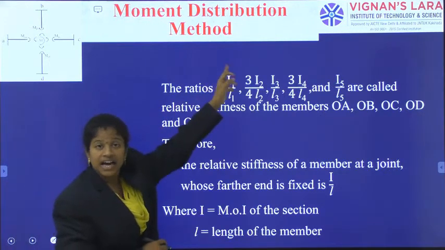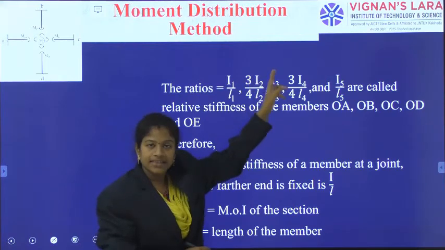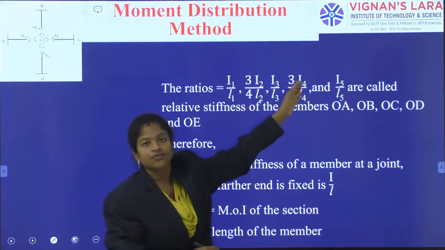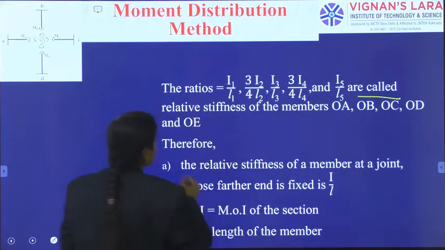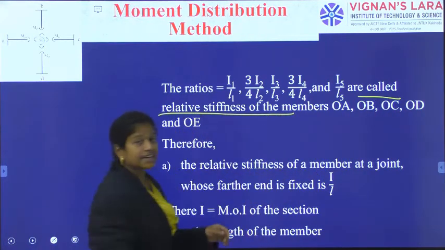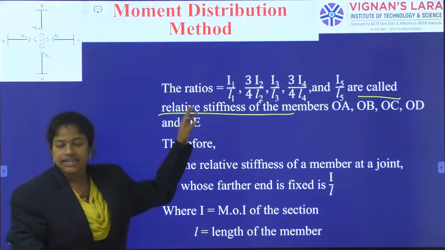Now the ratios I1 by L1, 3 by 4th of I2 by L2, I3 by L3, 3 by 4th of I4 by L4 and I5 by L5, all these are called the relative stiffness of the members. So the relative stiffness is like this.